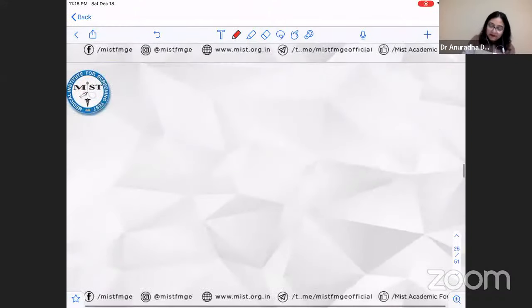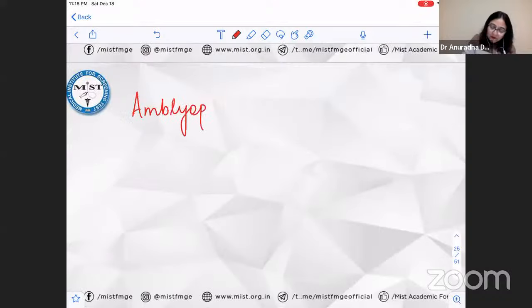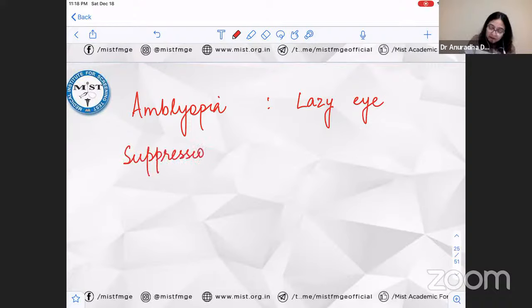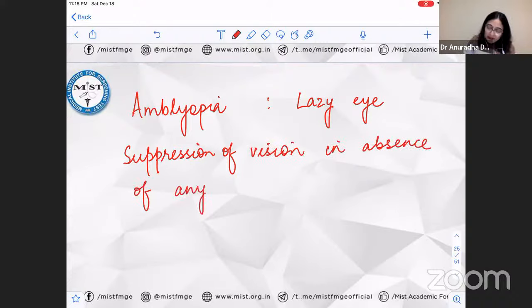Amblyopia, in common words, is also called lazy eye. It is suppression of the vision in the absence of any organic cause. So that is what we call amblyopia.